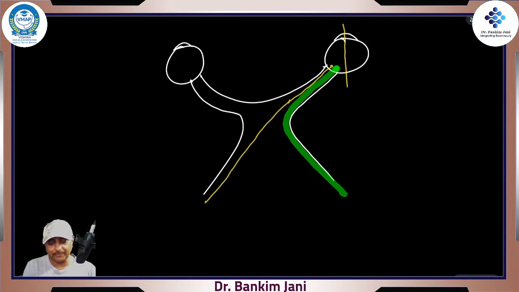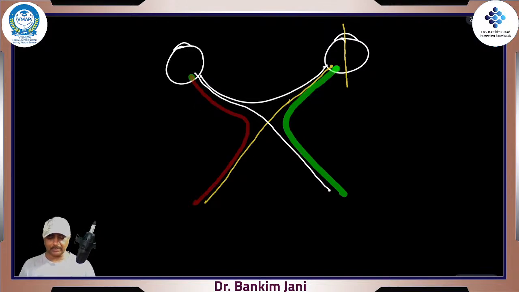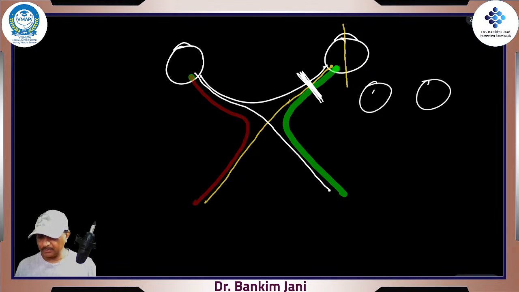Now the confusion is removed, so we have these two sets of fibers. It means if there is any lesion over here, then the entire eye, one eye, is completely lost. So this would be the thing.